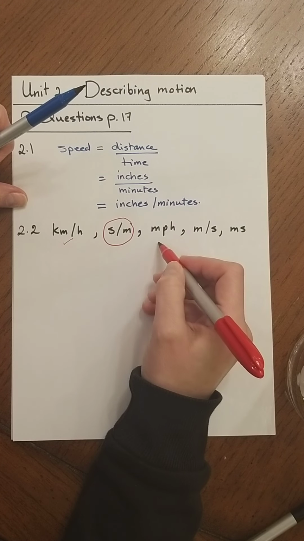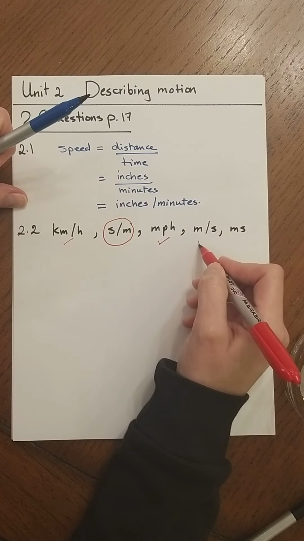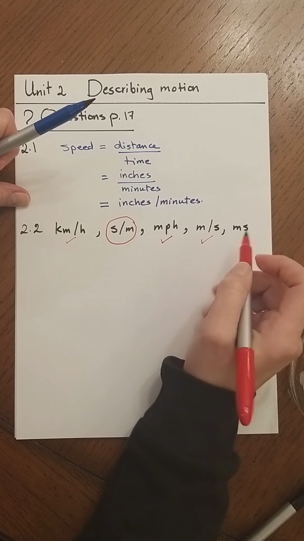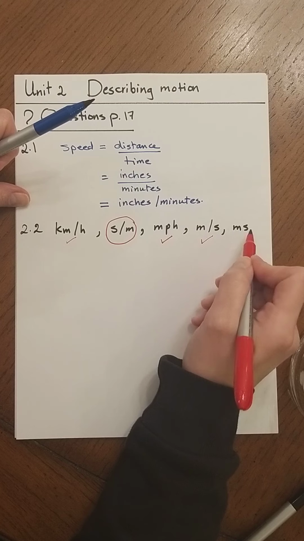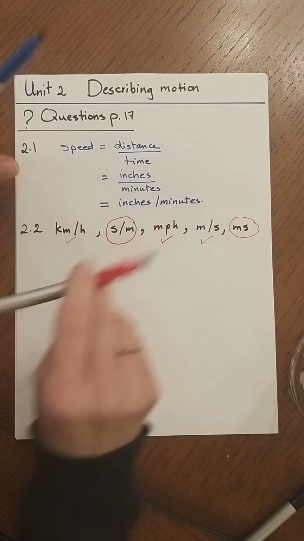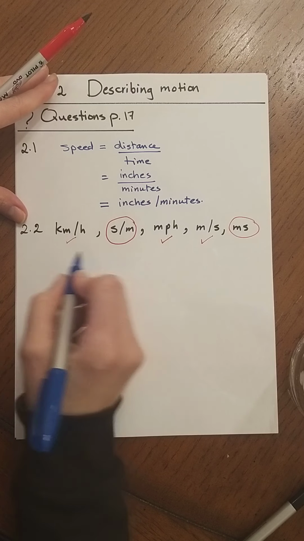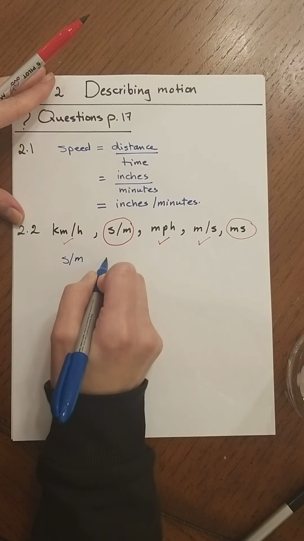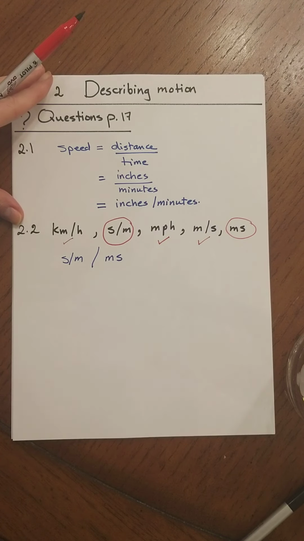Meters per hour, this could be a speed unit. Meters per second, and this could be a speed unit. Meters seconds, this means here that we are multiplying distance by time, so this too could not be a speed unit. So the units that could not be speed units are seconds per meter and meters seconds.